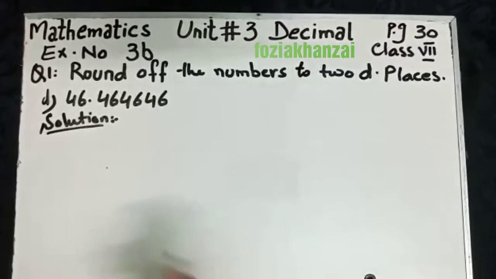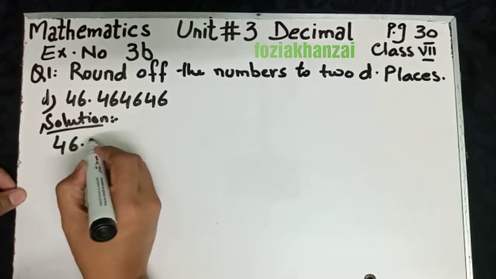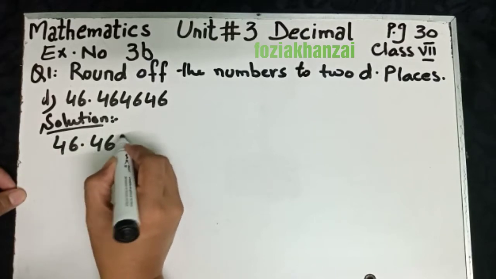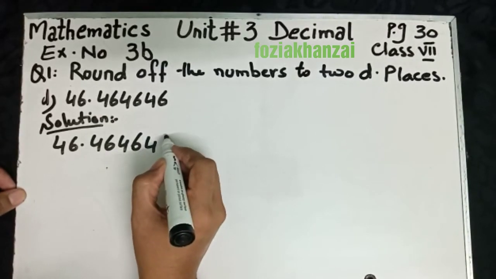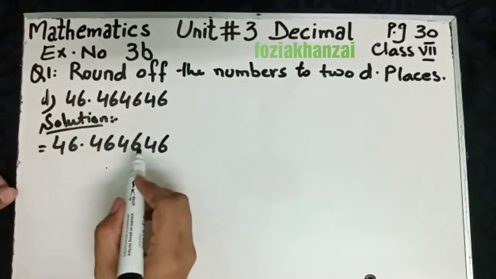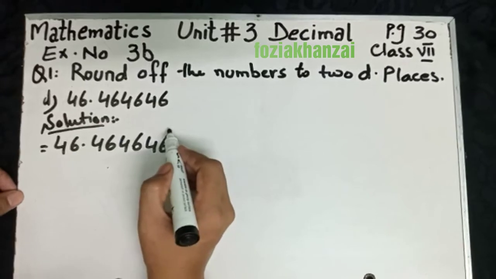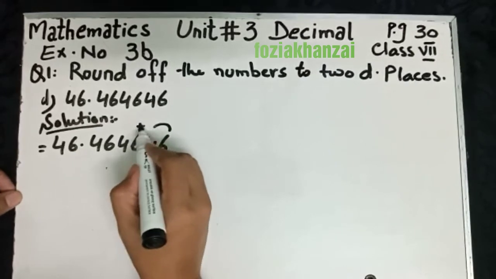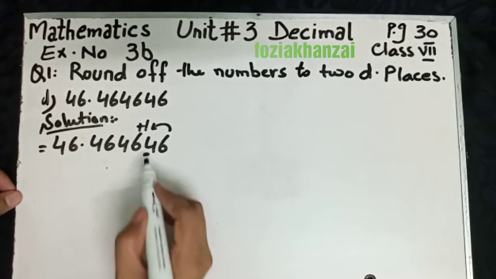Part D, 46.464646. Yes, class 7, it's a kind of recurring decimal. Okay, after the solution copy the question. The last digit 6 is greater than 5, so we add plus 1 to the previous number. The previous number is 4.